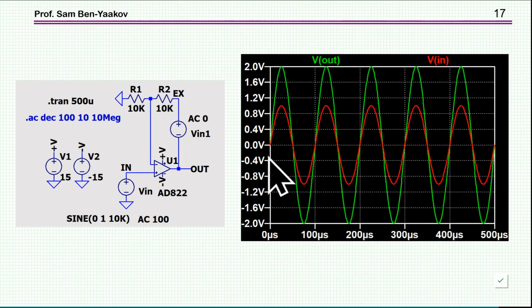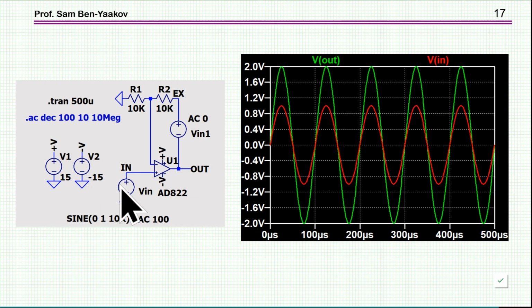So here is an example. Here is an operational amplifier from the library, and I'm running now a transient analysis. This is a time domain analysis, which I'm just showing as a reference here. So I have an amplifier that I took out of the library, connected to a power supply. It's a plus minus supply.